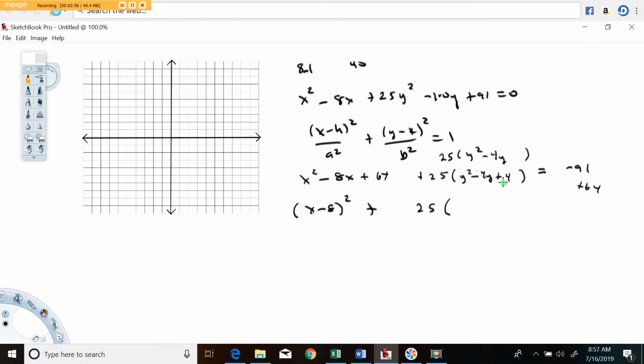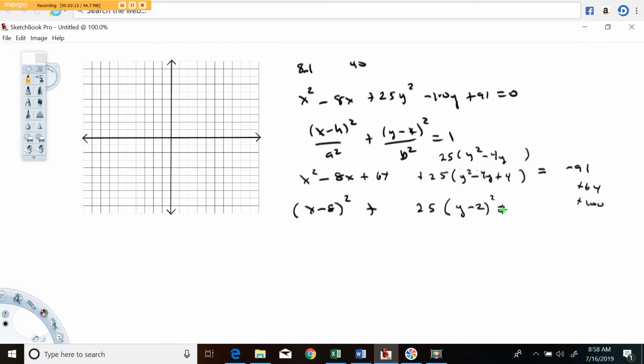Keep in mind that this 4 is inside the parentheses, so really what we've added is plus 100. We go over to the right and add plus 100 to maintain equality. This term is now y minus 2, the quantity squared.